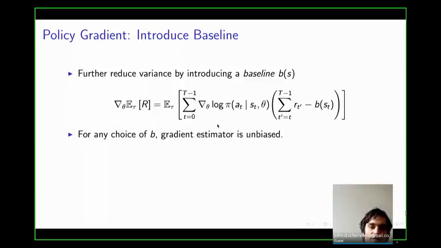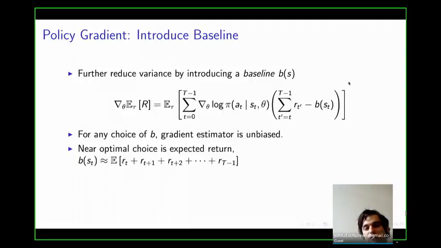It turns out that if you take the expectation of grad log probability, where we're sampling from pi, this expectation comes out to 0. That's a well-known fact, and it's easy to derive. So any choice of baseline that we plug in here is not going to introduce bias.